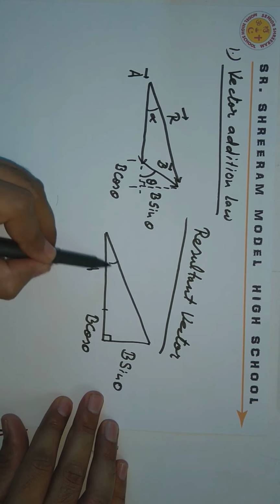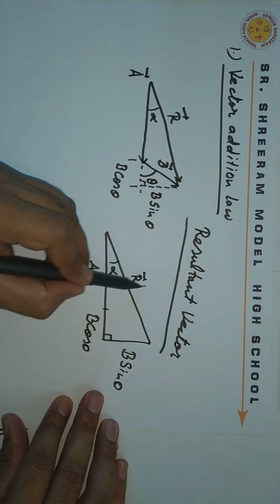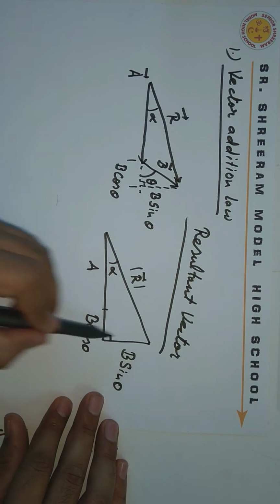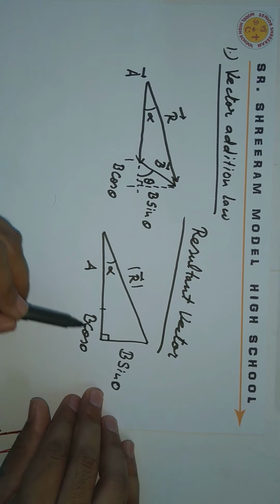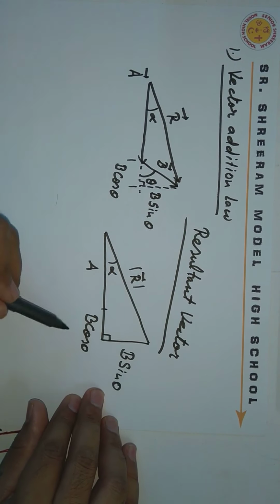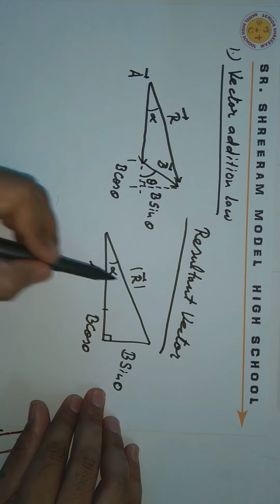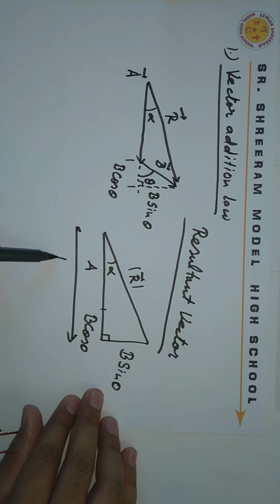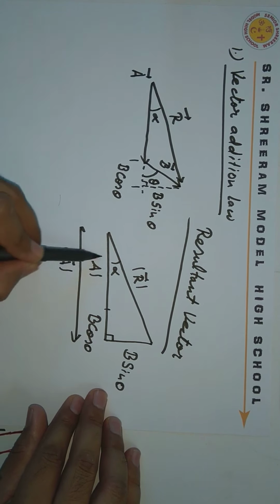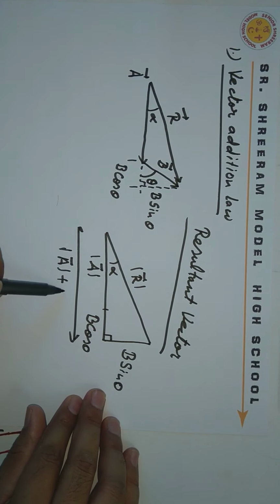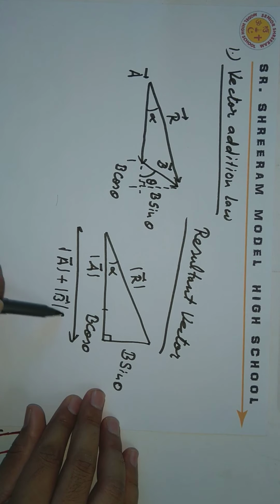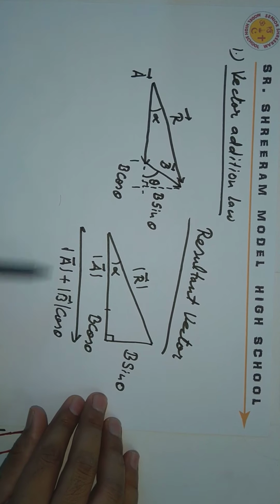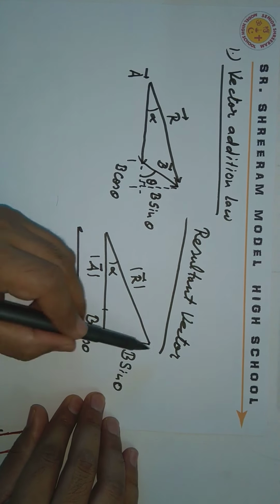This is 90 degrees, this is angle alpha, and this is the magnitude of vector R. We need to find the magnitude of vector R. In this simple triangle, we can use Pythagoras theorem and find the value of the resultant vector, which is the hypotenuse. The total base from here to here becomes magnitude of A plus magnitude of B cos theta. This is our perpendicular.